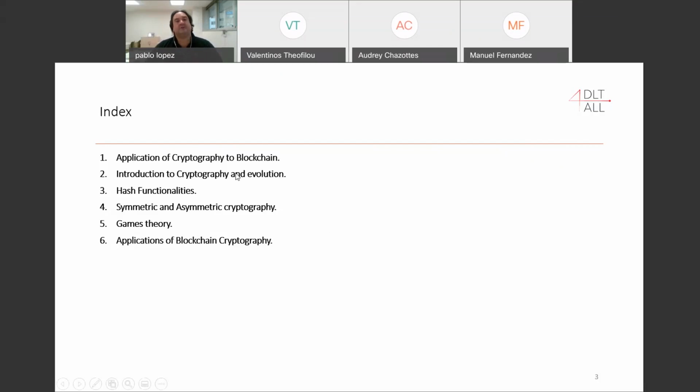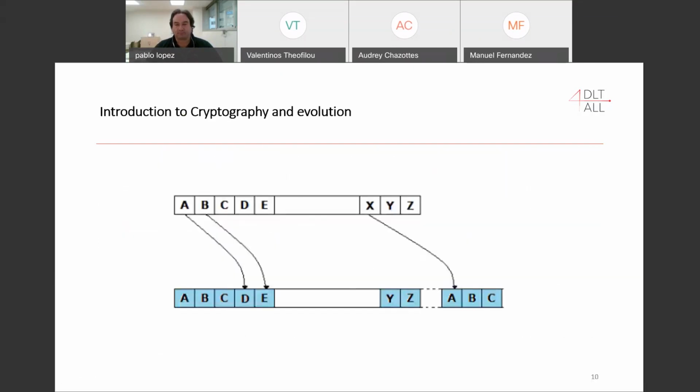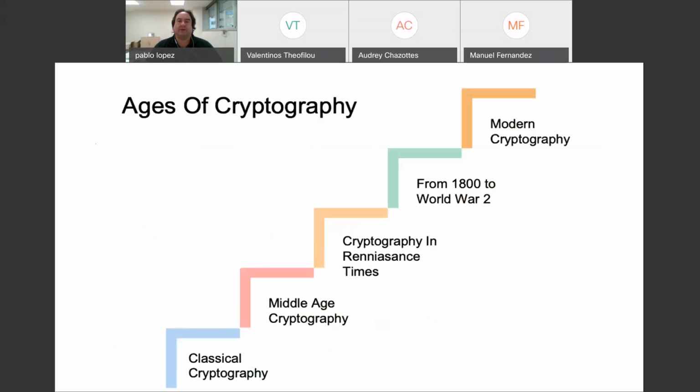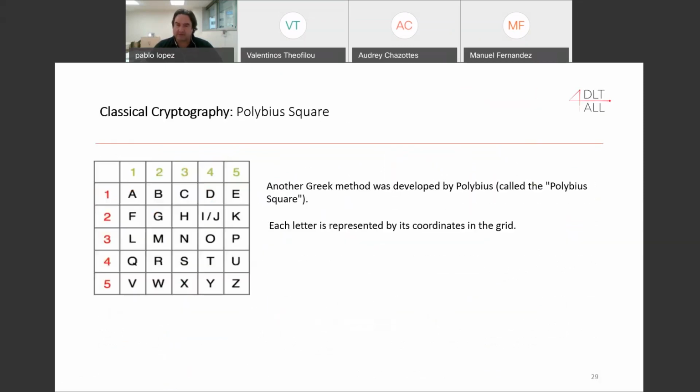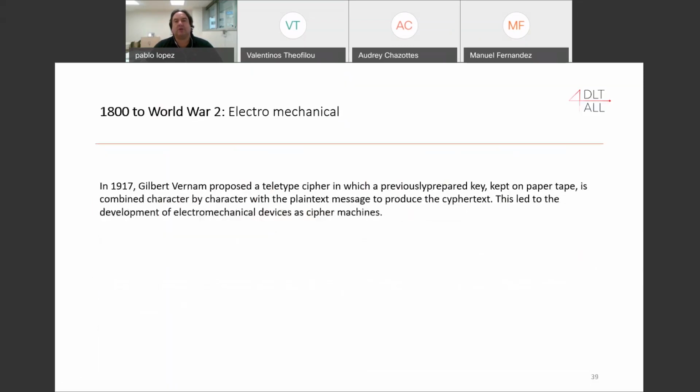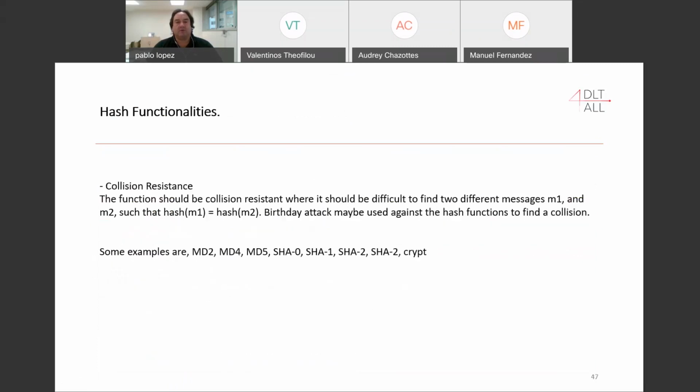Yesterday we did this introduction. We talked about the hash functionalities. We saw the importance of the public and private keys, and how this hash function will be the key to understand how we send or transfer information in blockchain.